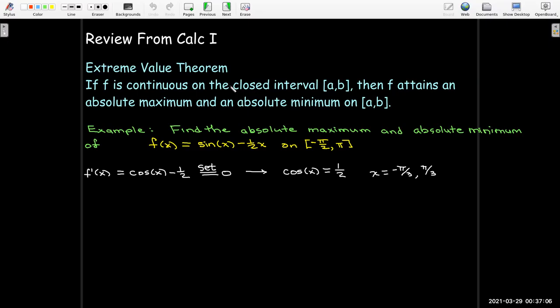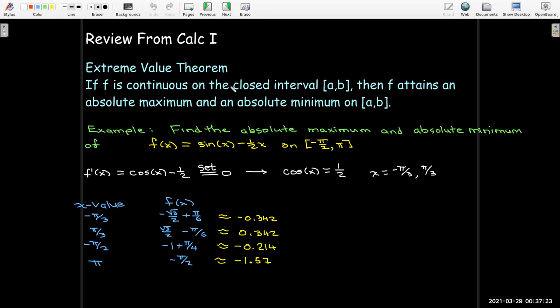And then what we did is we said, okay, let's go over all of our critical numbers and all of the endpoints, so all those x values, evaluate them using our given function, and then amongst those, we're going to pick the largest one, that's our absolute max, the smallest one is the absolute min.